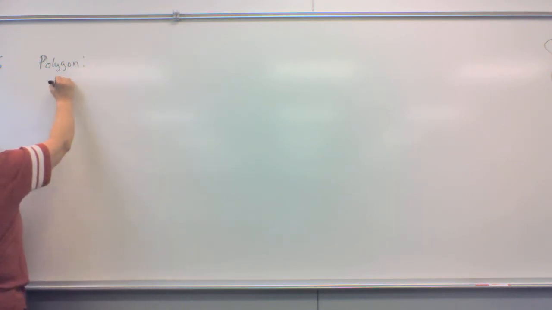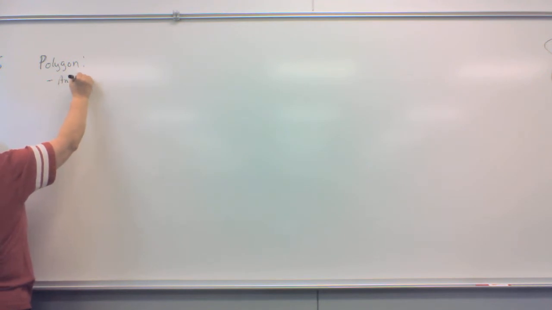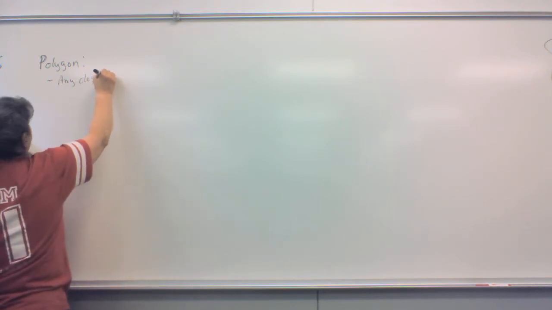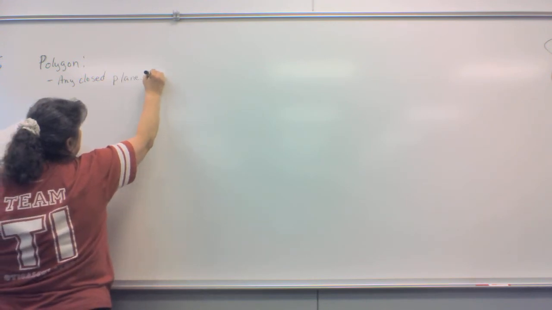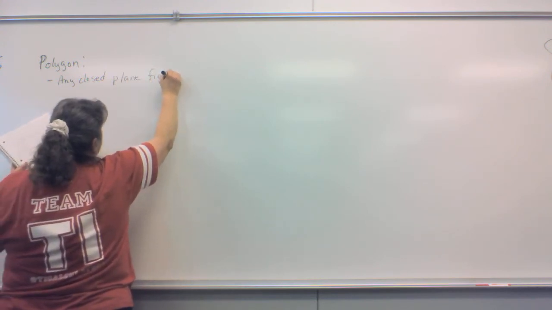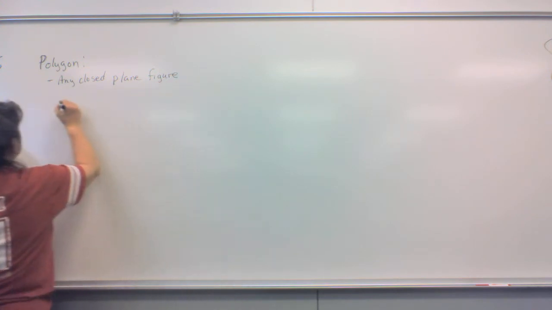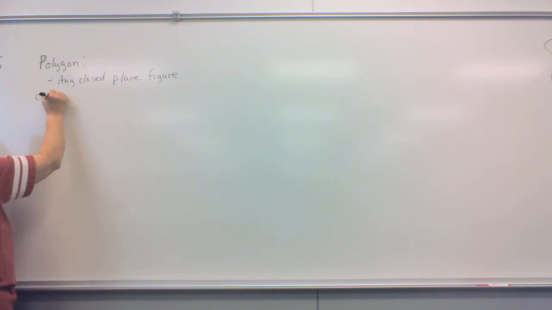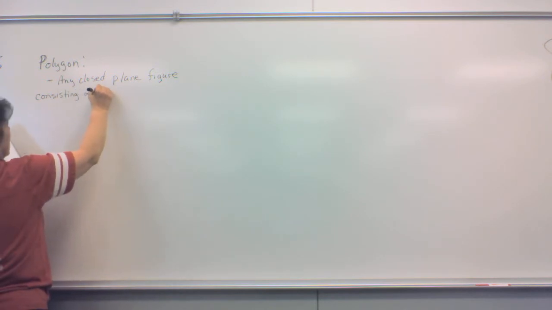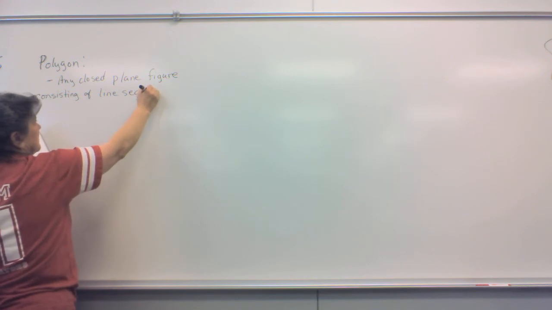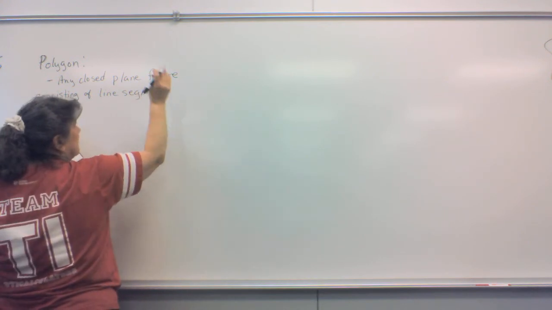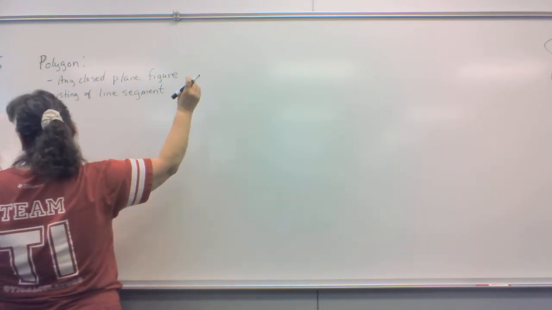One definition is any closed plane figure. In other words, it's all on one plane, consisting of line segments. Remember, that comes from the very first lesson where we talked about a segment having a beginning and an ending.